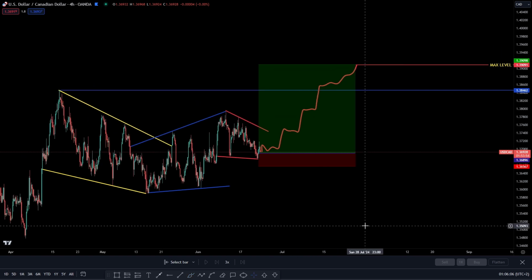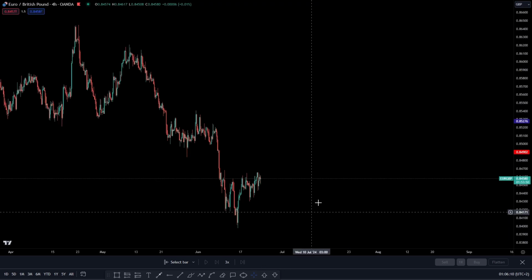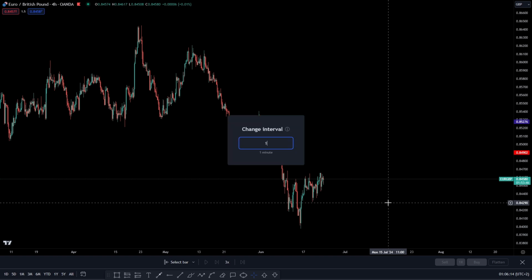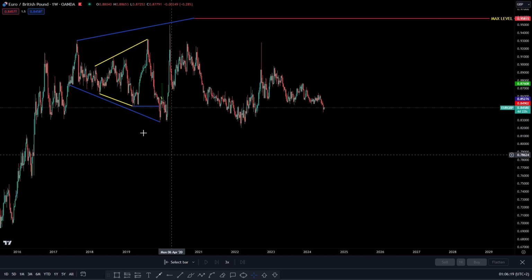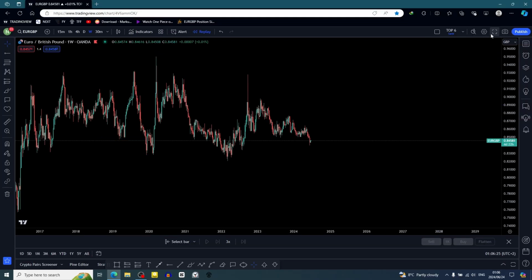Moving on to the last pair of the week. So we have Euro GBP. With Euro GBP, let's look at the weekly time frame. That's from a very long time ago. Let's delete everything.